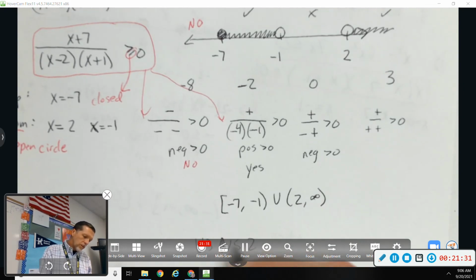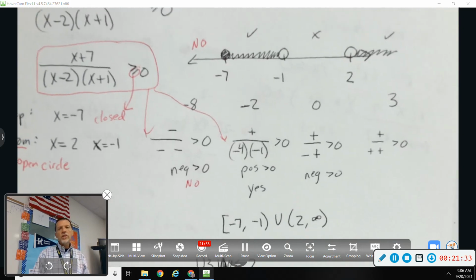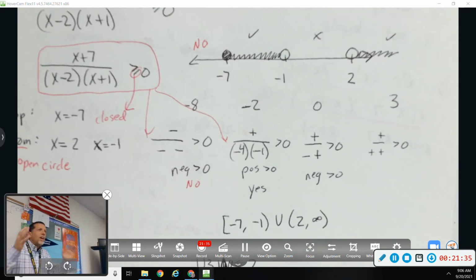You're on worksheet 2 now. But here's the alternating rule. They do alternate. The exception to the alternating rule is if it doesn't alternate. What makes it not alternate is if there's a bounce on the graph. What makes a bounce? A double root. The safest thing to do is to check every interval.